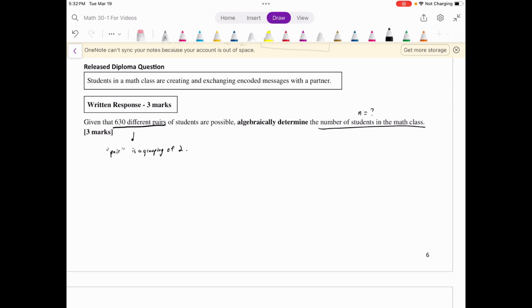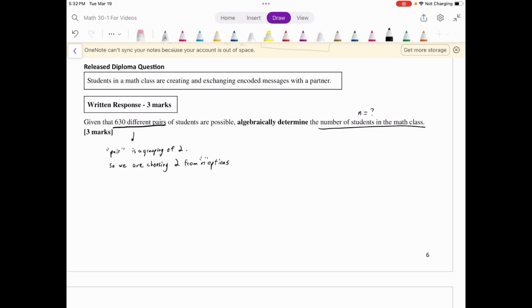We know that when we make groups of two, when we choose two, we end up with 630 different ways to do it, right? So really what we are doing is choosing two from n options, n being the number of students.